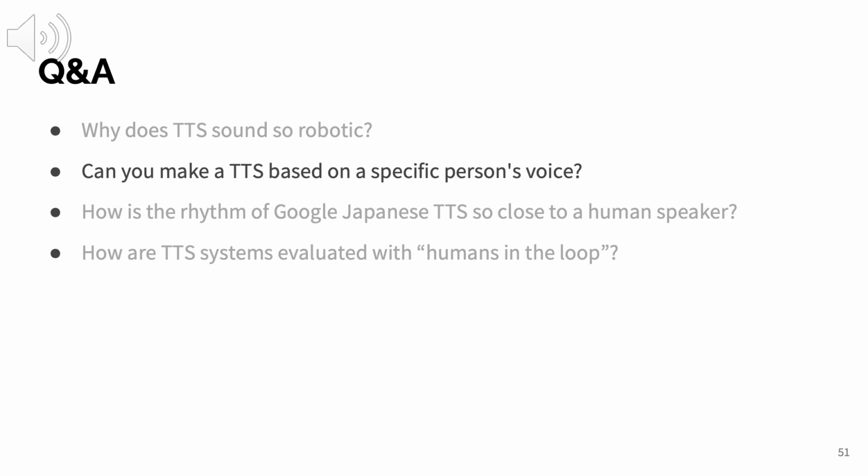It can work for a concatenative approach with even as little as 10 minutes. But the problem is that if you, say, don't have a particular phone or a phonetic sequence in that recording, then you've got to compose it out of the smaller units and it's going to sound less natural. So, as with all things, more data is better in terms of the effectiveness of the thing.